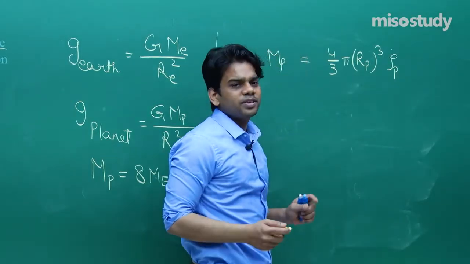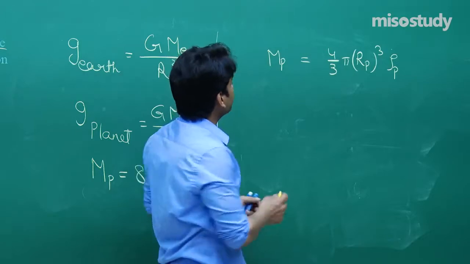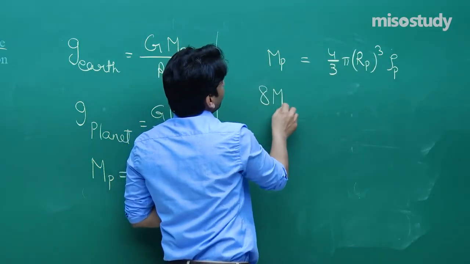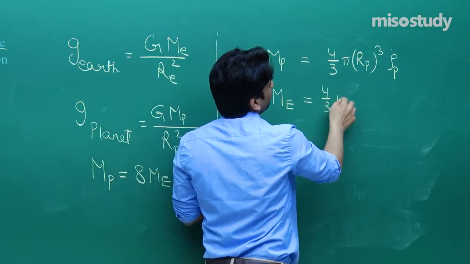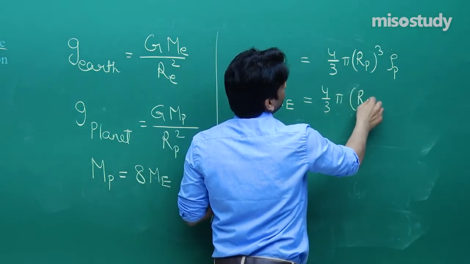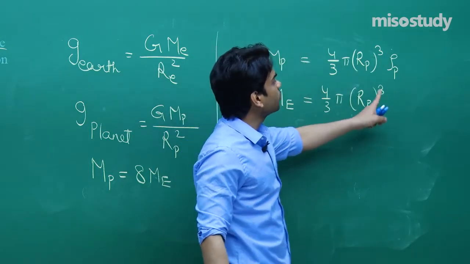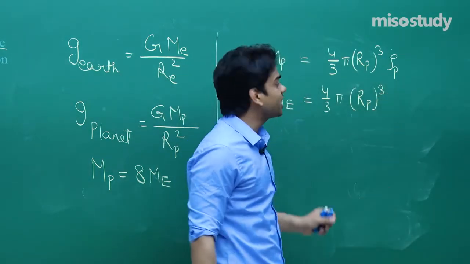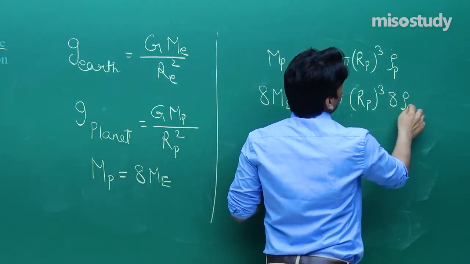This is what has been given to us. Now you see here, mass of planet is 8 times the mass of Earth. So we can write this as 8 times of mass of Earth is equal to 4 by 3 pi radius of planet whole cube, and rho of planet, that is also 8 times the rho of Earth.